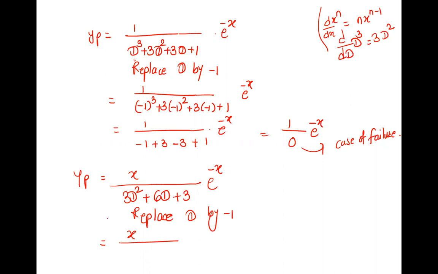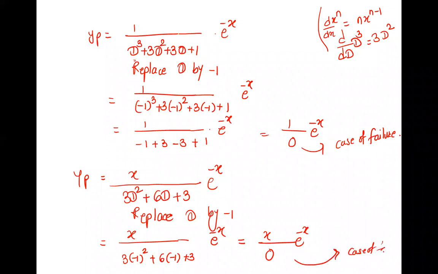X upon 3 into -1 square plus 6 into -1 plus 3, into e raised to -x. So what we are getting is 3 into 1, 3 plus 3, 6, 6 minus 6, 0. Once again it is the case of failure. Correct?